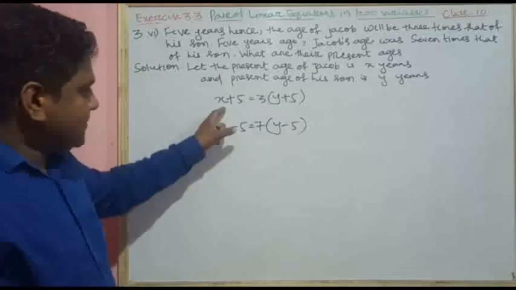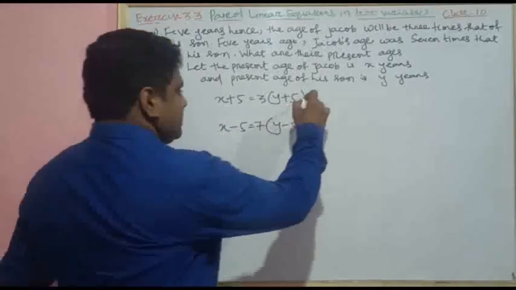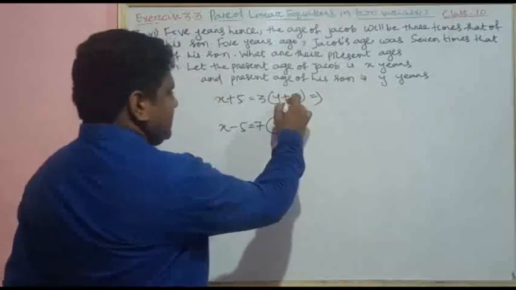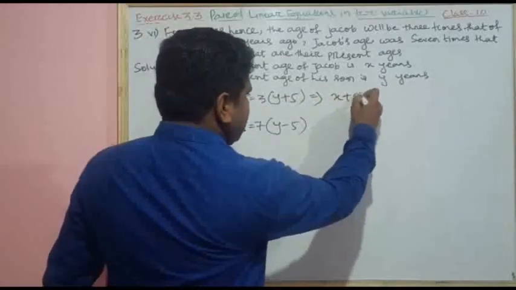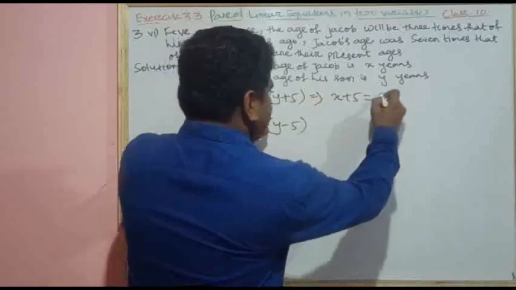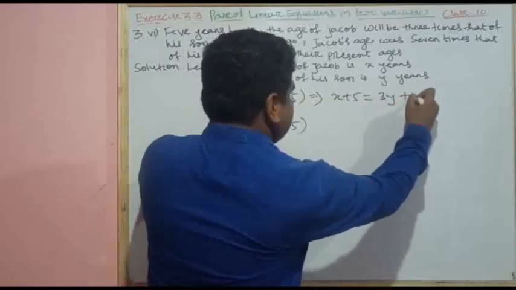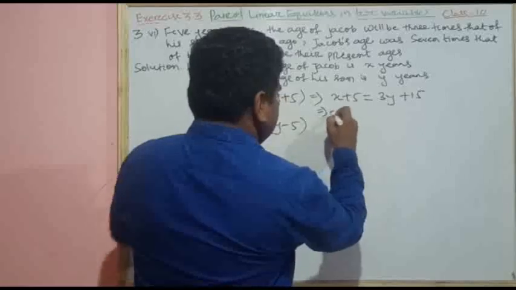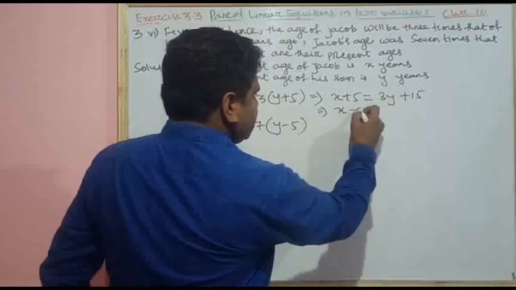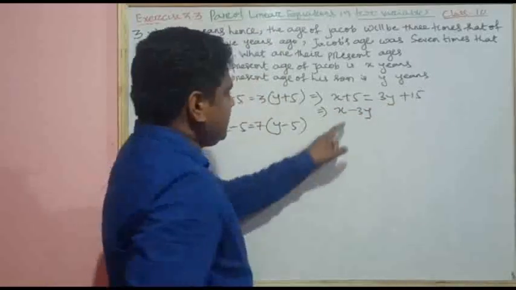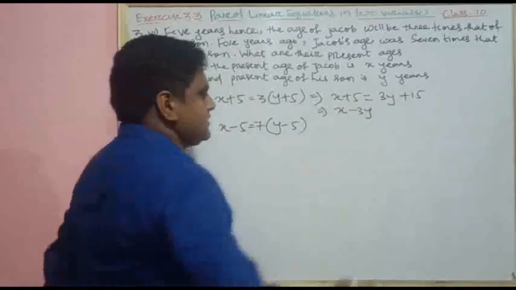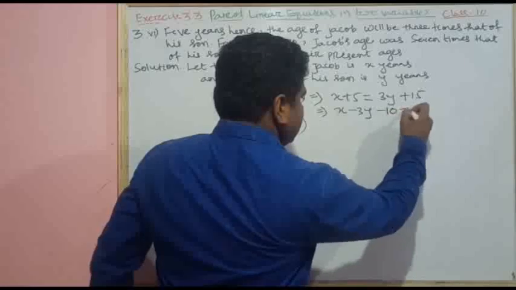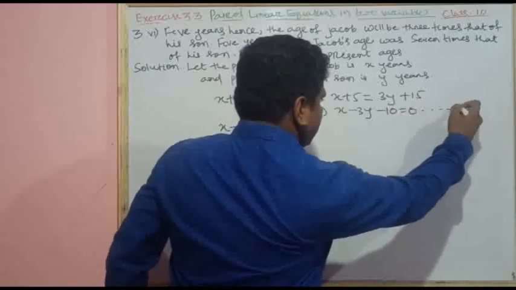Okay, let's solve this. x plus 5 is equal to 3 into (y plus 5). So it can be written as x plus 5 is equal to 3y plus 15, which implies x minus 3y plus 5 minus 15, that is minus 10, equal to 0. Let it be equation 1.